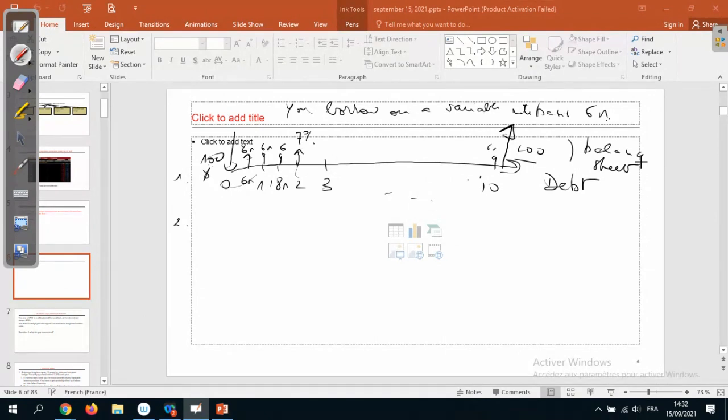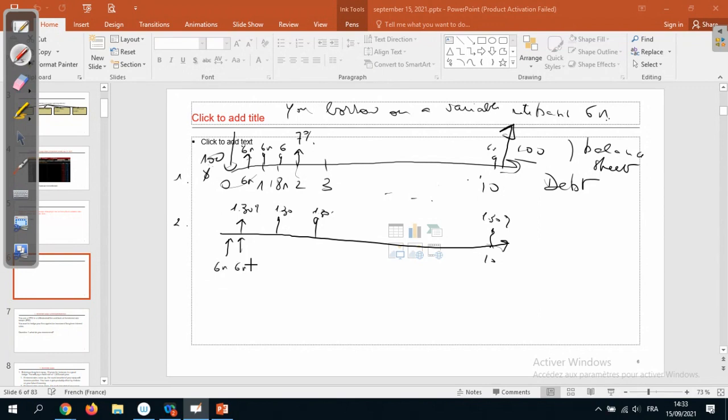But with the same bank or another bank, you decide to make a swap. 10 years, paying each year a fixed rate, 1.30%, today around 1.30%, year 3 and year 10, 1.30%. And each 6 months, you will receive the 6 months interest rate.